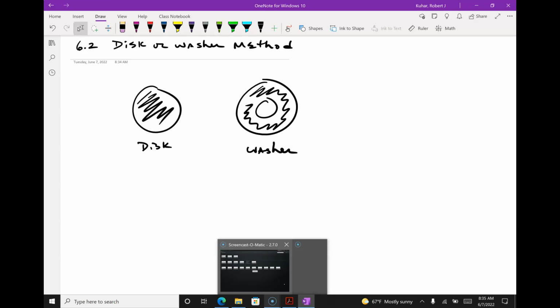So if we're thinking about the disc method, if I'm looking sideways, you can see I'm going to rotate this and get a bunch of coins stacked. Okay? So think about that coin.